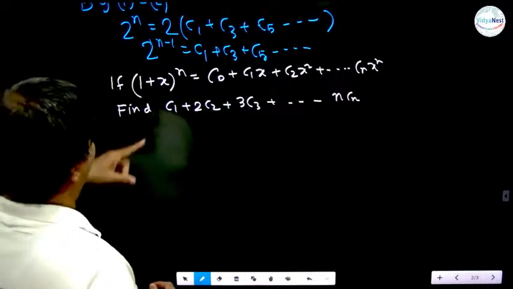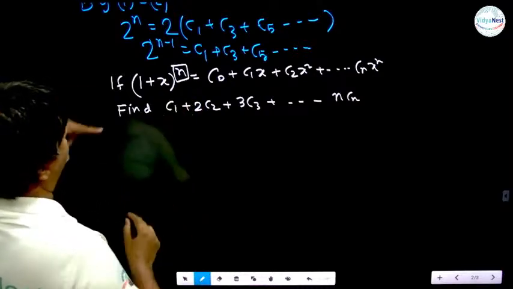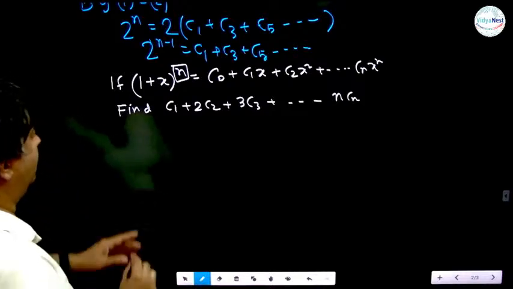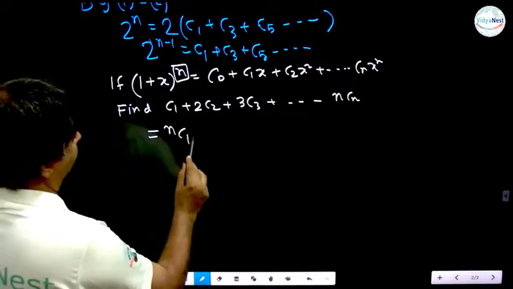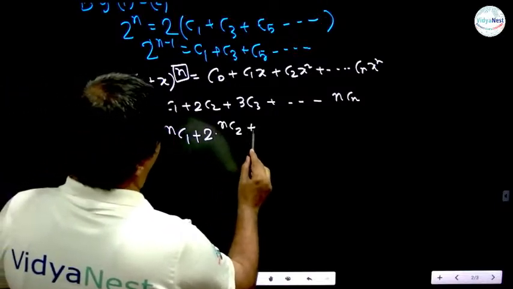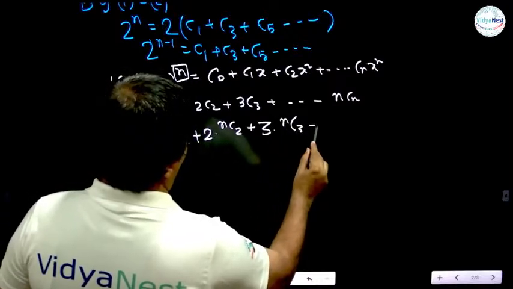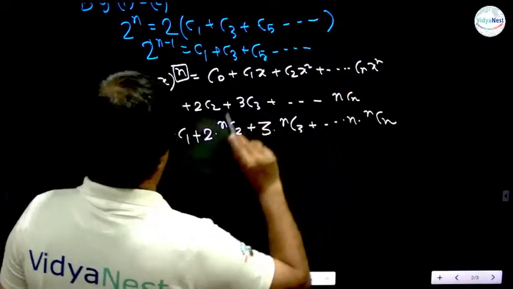First of all, you see the exponent of this binomial is n, but here n is silent. So this C1 means actually nC1 plus twice nC2 plus thrice nC3, in this way up to nCn.